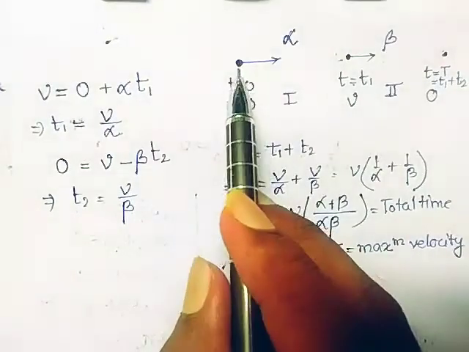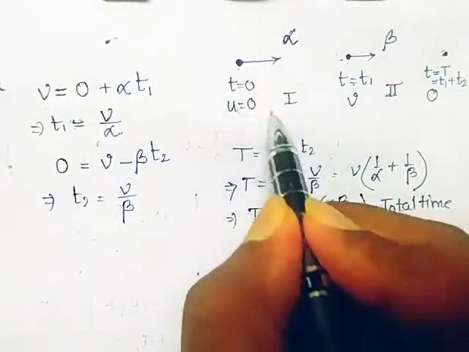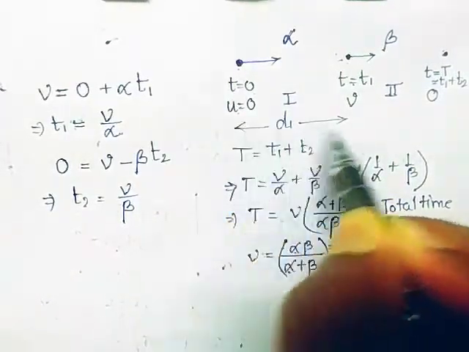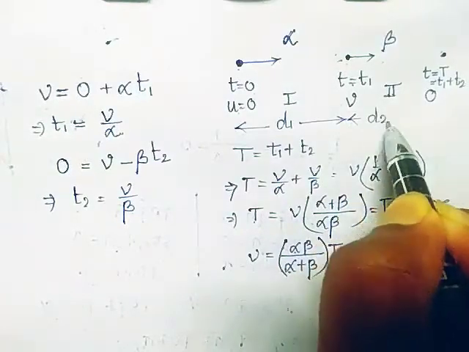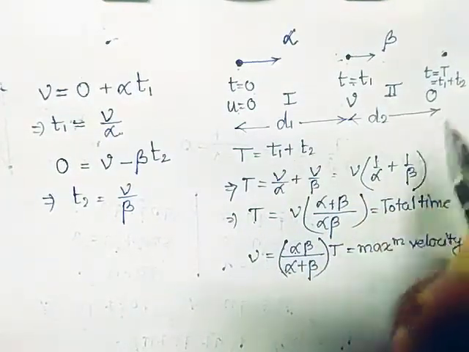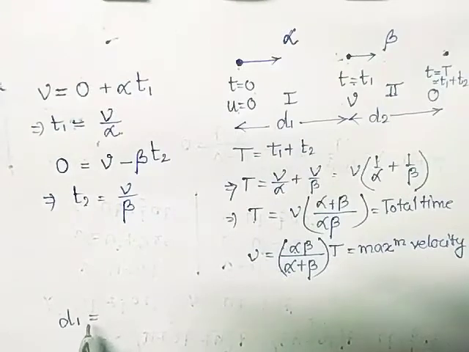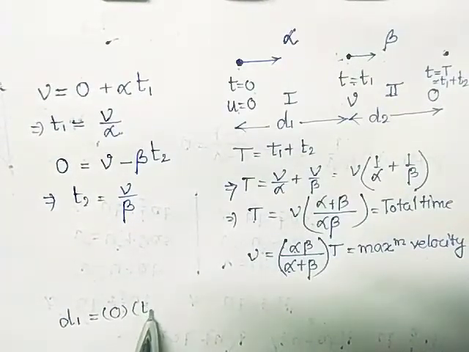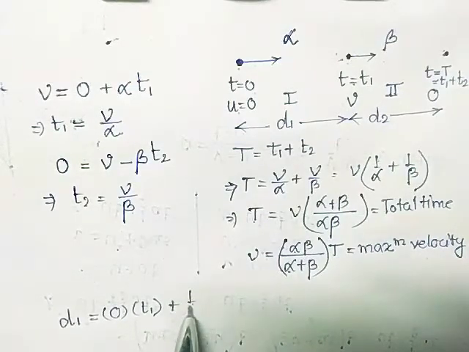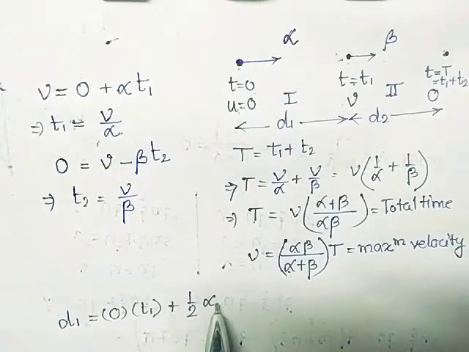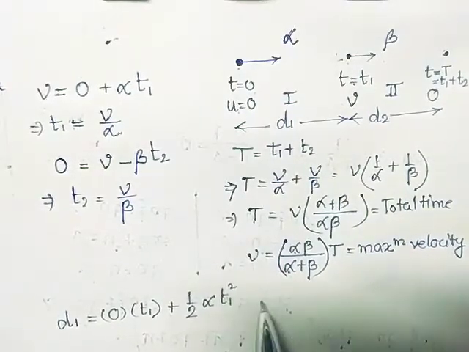So in the meantime, going from here to here, if I consider the distance d1, it covers the distance d1, and after that in the second event, it covers the distance d2. Then we can write that d1 equal to 0, initial velocity into time, plus 1 by 2 into alpha, that is the acceleration, into square of time.